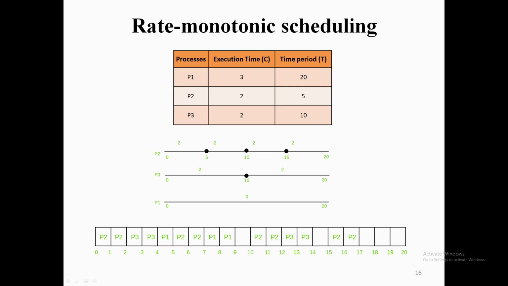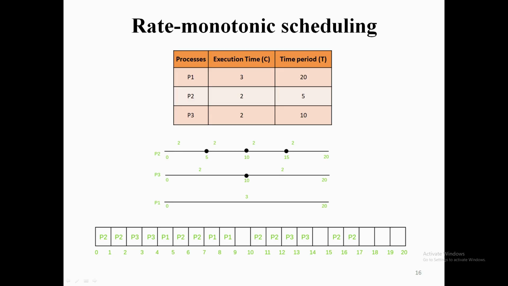This is how we are representing it with a line chart: P1 executes from 0 to 3, P2 executes for 2 seconds in every fifth interval of time, and P3 executes for 2 seconds every 10 milliseconds. So from 0 to 10 it is 2, and from 10 to 20 it is 2. Likewise we have plotted the execution times of each and every process independently.